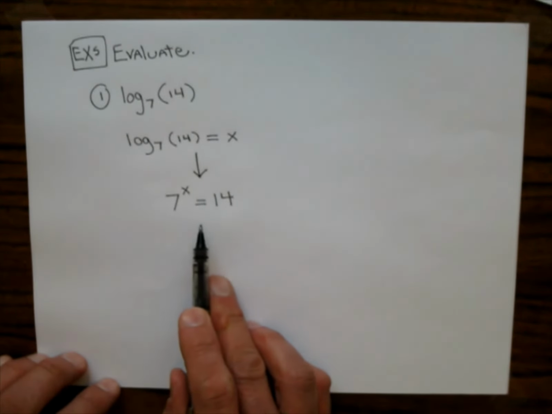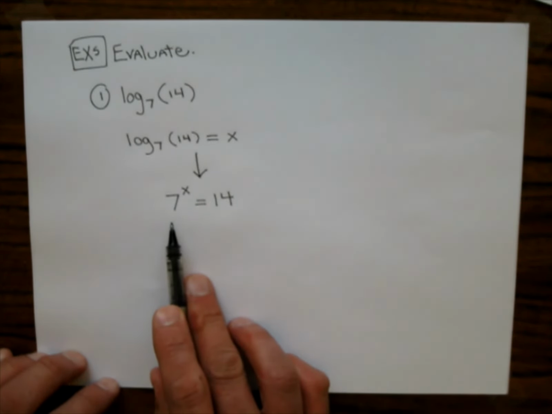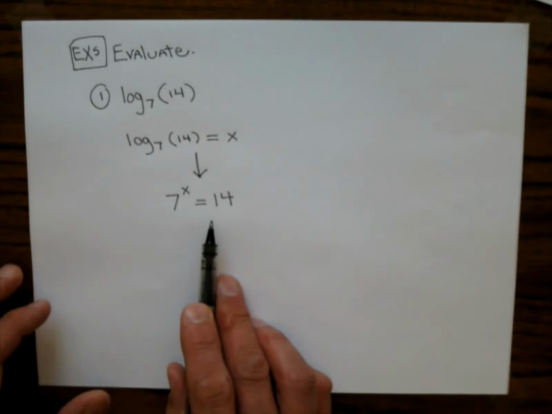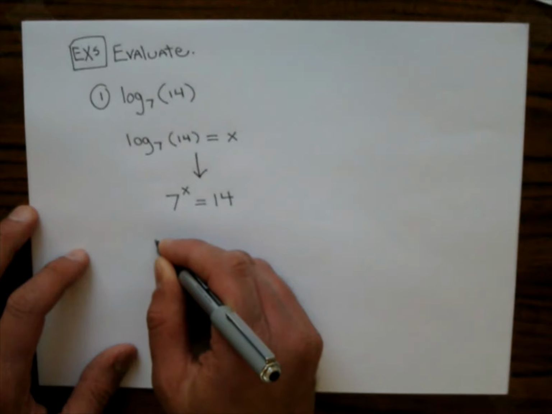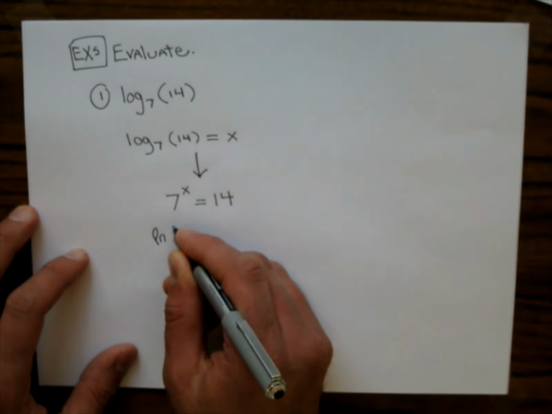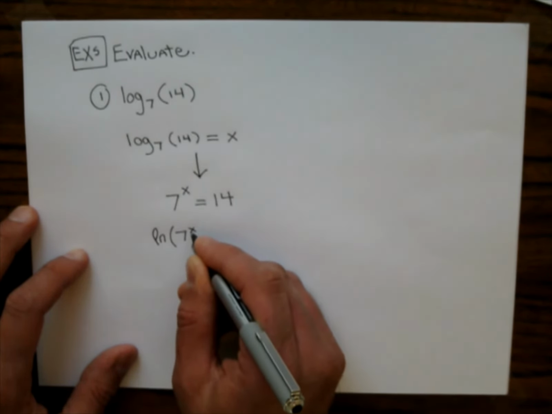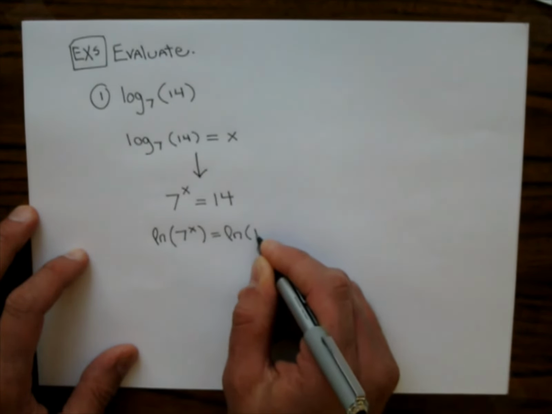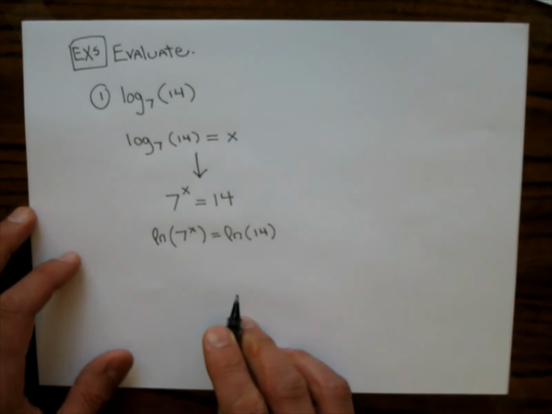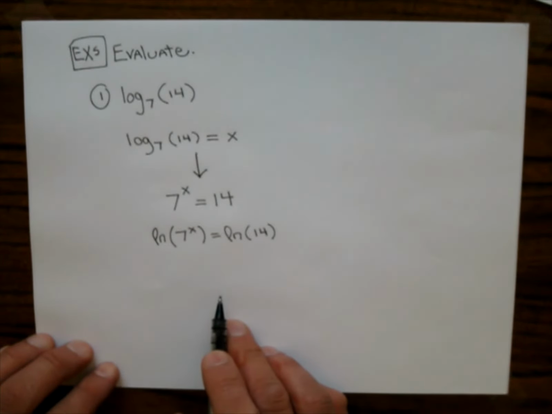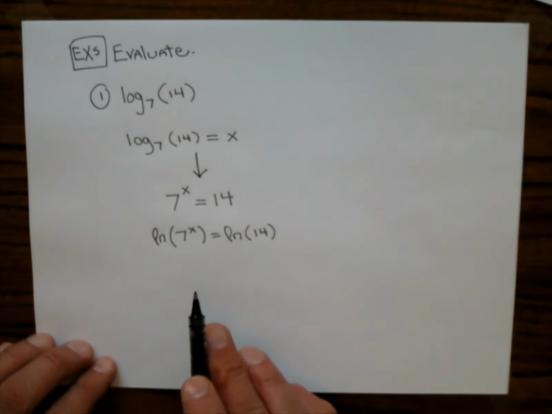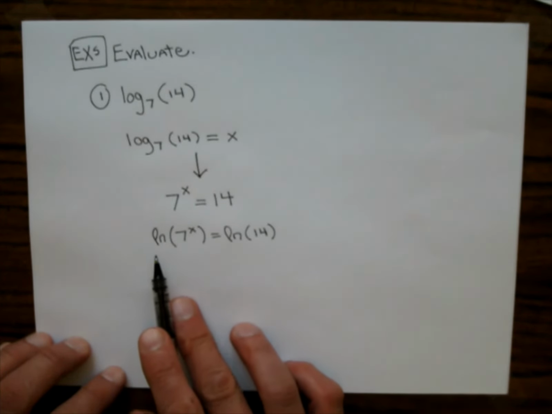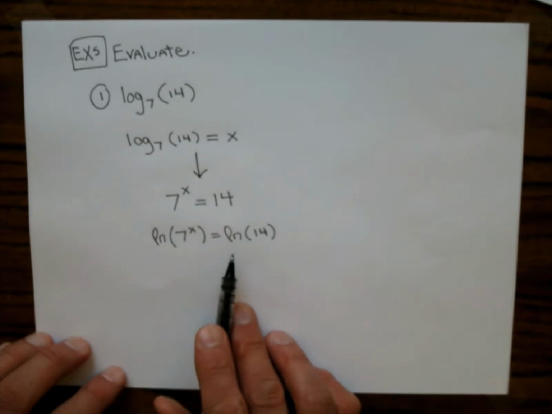So now here's something that we did not know we can do, and that would be logging, and I'll do the ln, logging both sides of the equation. Now the reason that works is because the log, whatever base it is, but we'll just say the natural log, is a one-to-one function.